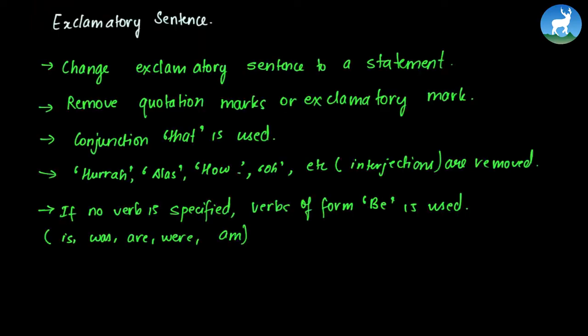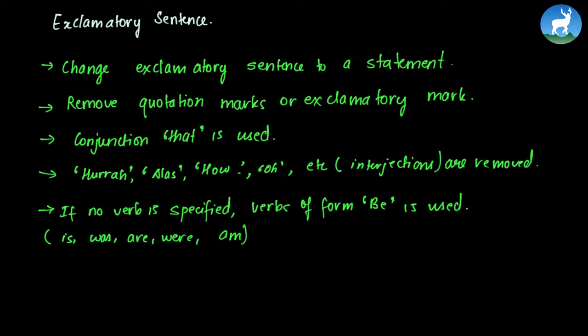Now we will go through converting exclamatory sentences from direct to indirect speech. These are the rules to change an exclamatory sentence from direct to indirect speech. First, we change the exclamatory sentence to a statement. Second, we remove any quotation marks or exclamatory marks in the sentence.